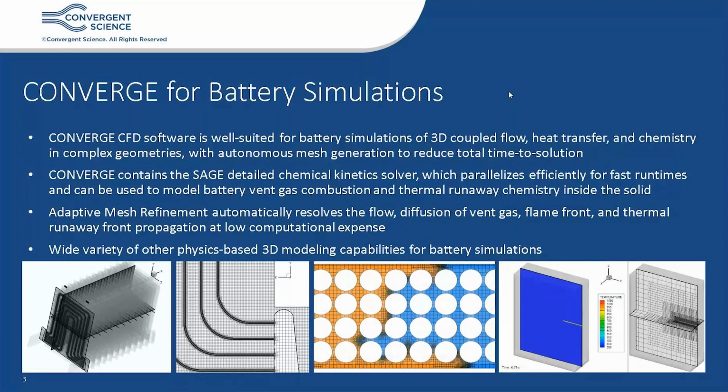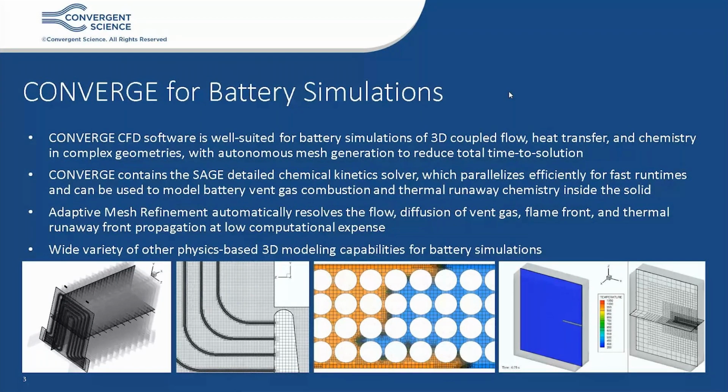So thermal runaway can be thought of as battery combustion. A lot of the expertise we have modeling gas-phase chemistry can be easily applied to model battery vent gas combustion chemistry in the gas domain, but also the thermal runaway heat release chemistry occurring inside the solid.